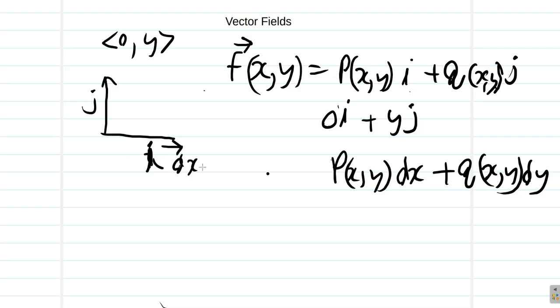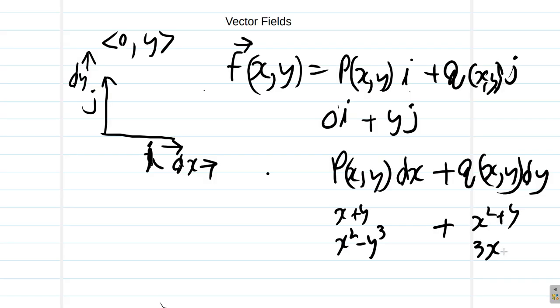So this would be dx going this way. dy is a change in the y direction, change in j. So dy would be up like that. Alright? P of xy could be x plus y, or it could be x squared minus y cubed, whatever it is. It's a function of xy. Then q of xy, it could very well be x squared plus y, it could be 3x minus y squared, or whatever else. This is a function q of xy dy.